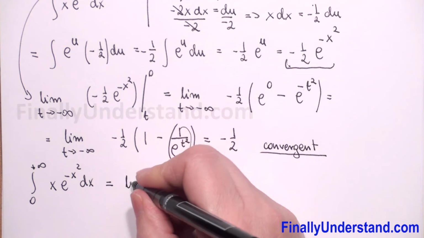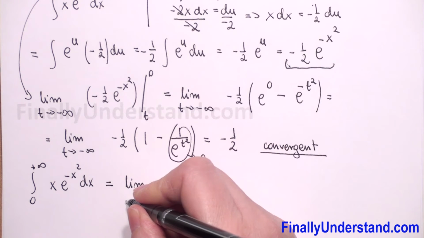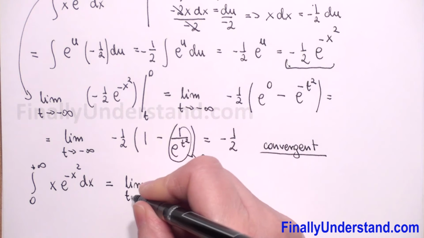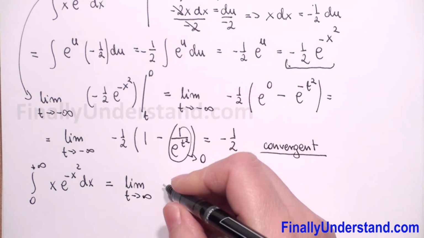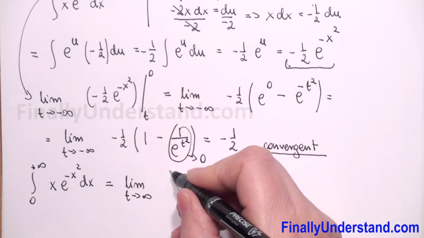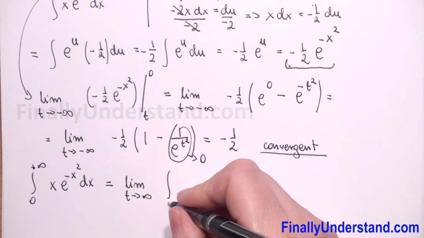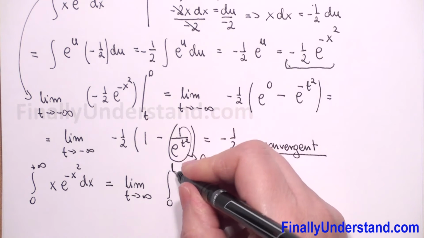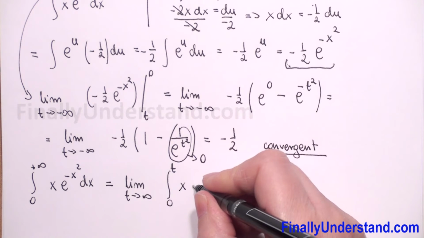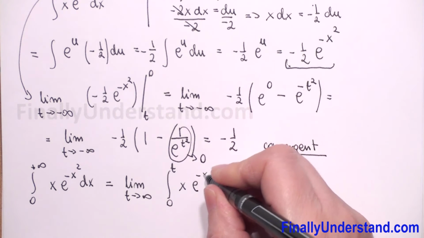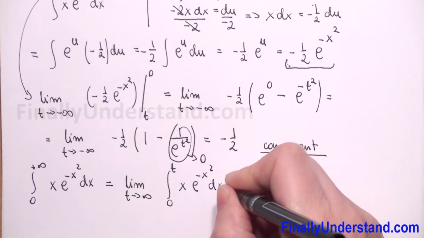So it will be the limit. We will substitute t for positive infinity, so t goes to infinity, and we have the definite integral from 0 to t of x times e to power negative x squared dx.